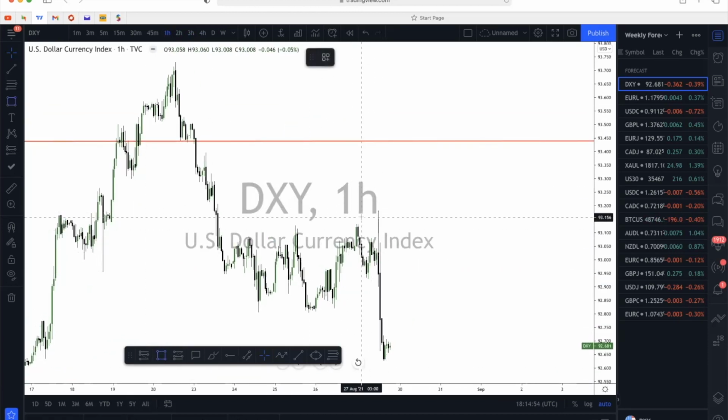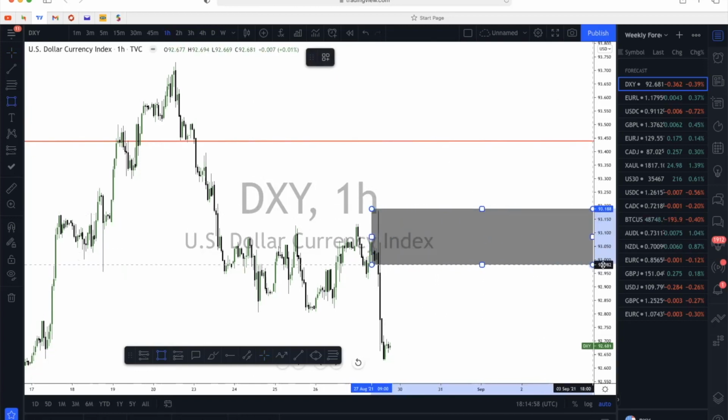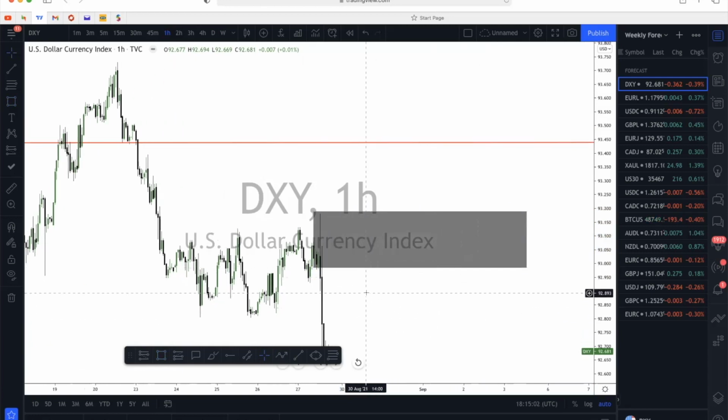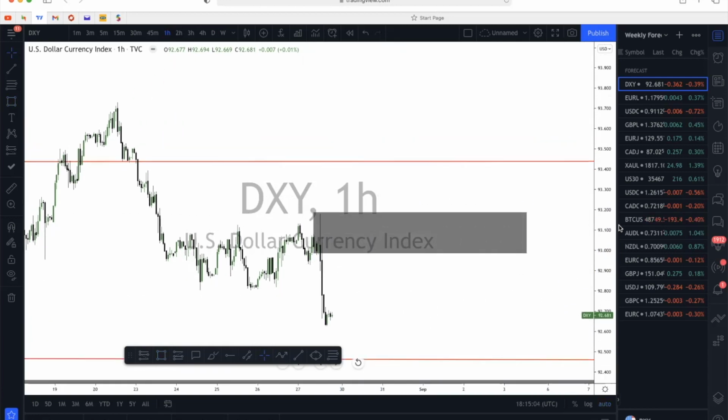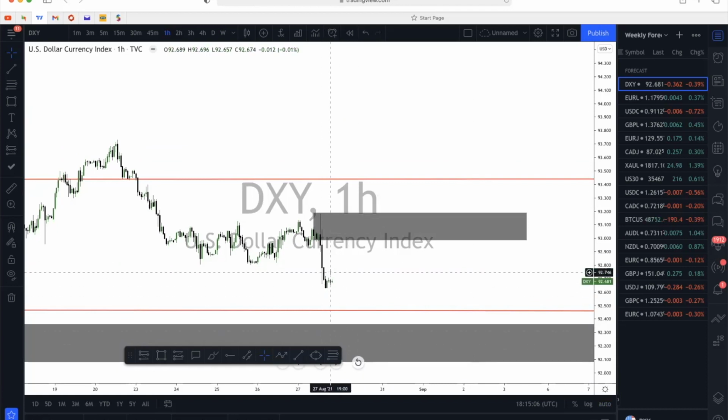In this instance, as you can see, this block here, I'm expecting price to pull back into this zone before it continues down. I want a retracement into this zone before this pair will come down.